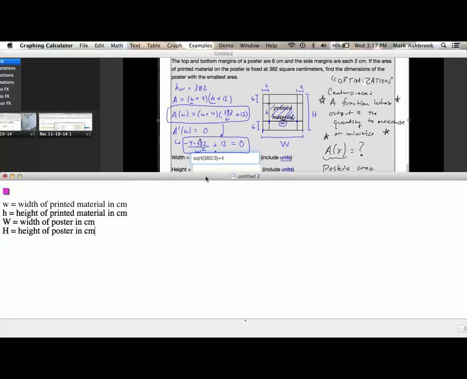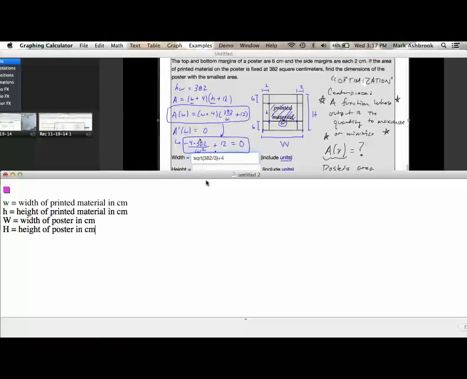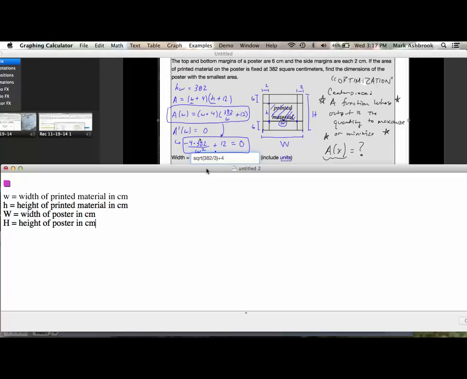Before, I had this area function as 382 plus 4 times 382 over w plus 12w plus 4 times 12 is 48.